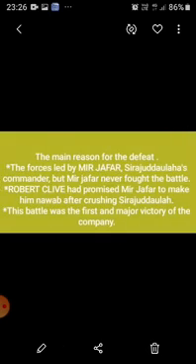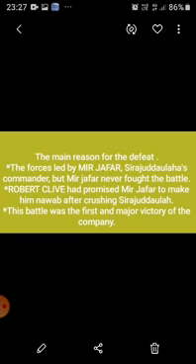And what happened in this battle? Robert Clive told Mir Jafar, the commander of Sirajuddaulah, that he should send his troops, his army, his soldiers to the war with Sirajuddaulah, but not be present on the battlefield himself, because after Clive crushed Sirajuddaulah, he promised to make Mir Jafar the Nawab of Bengal.